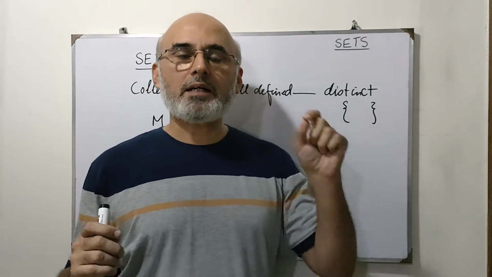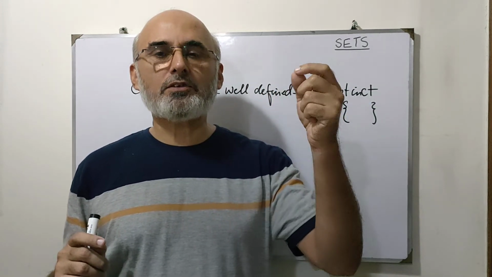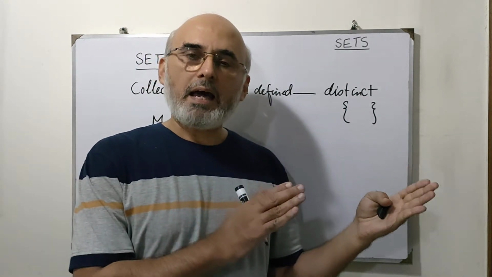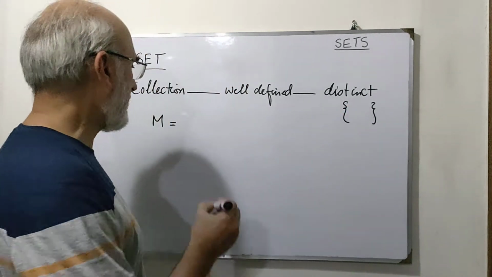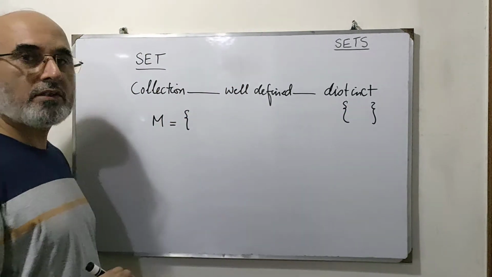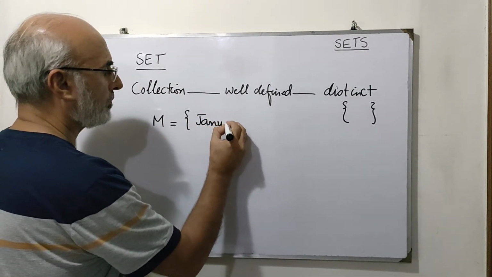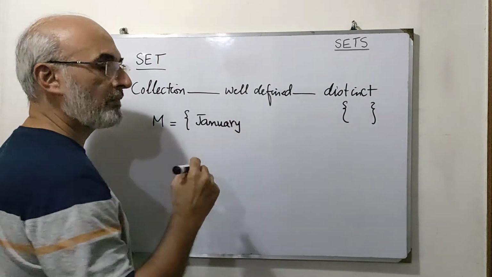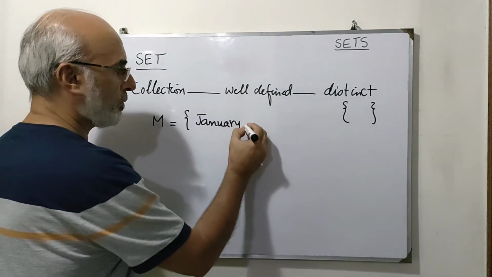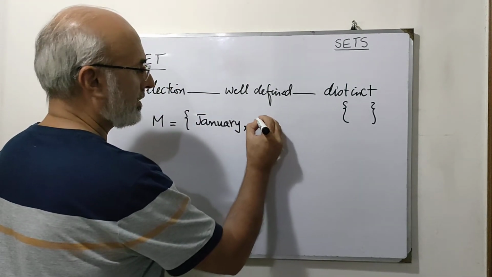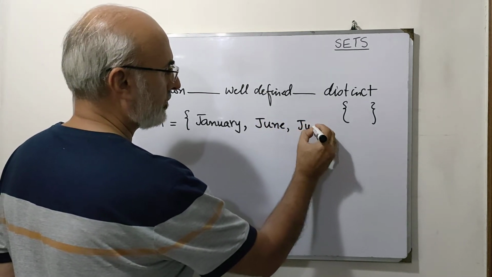Now I'm going to write a set of month names starting with J. Each name is going to be an element of the set of months starting with J. So what I need is a starting curly brace. I'm going to write the first name, January. After writing the first name, to distinguish it from the other, I'm going to put a comma, and then the second one is June, and then July.